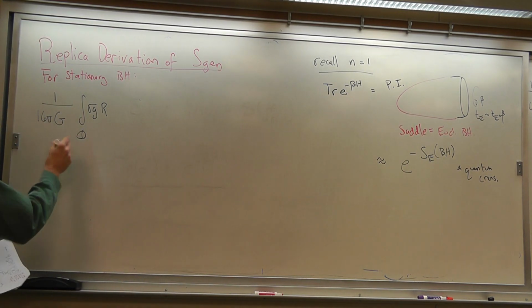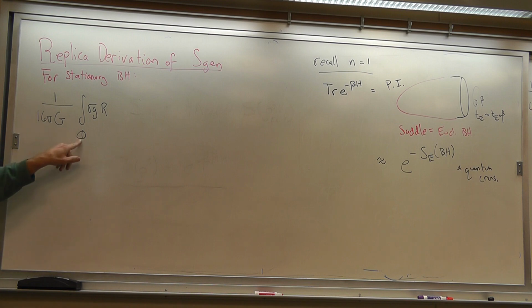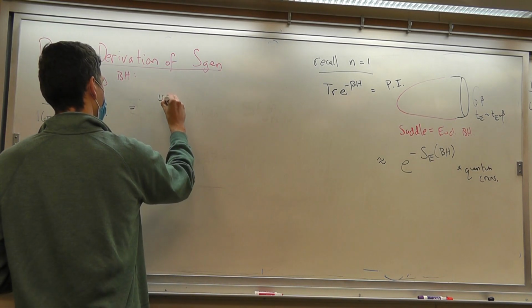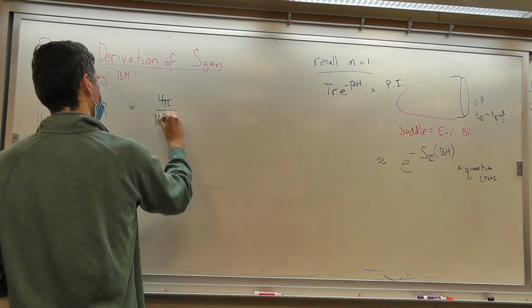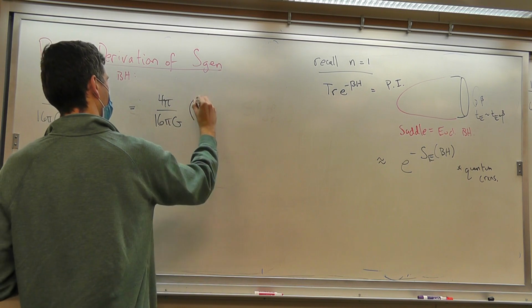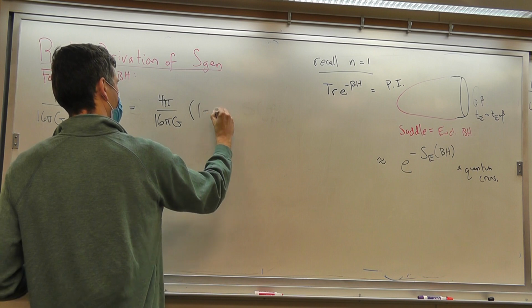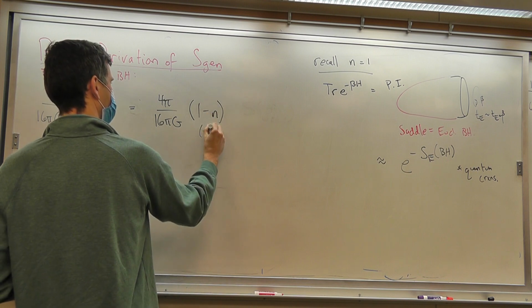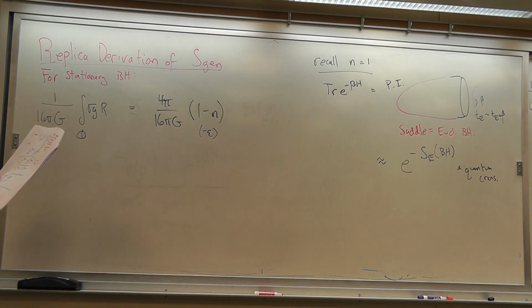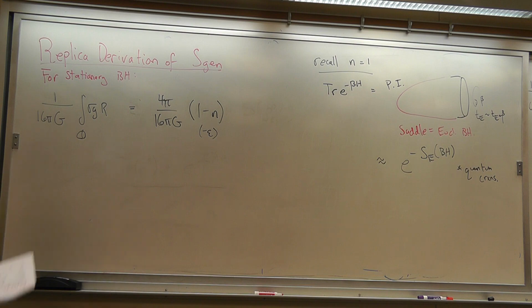Okay, so this is the action, the Einstein action of the smoothed tip. I claim that this is 4 pi over 16 pi G times 1 minus n, that is, wait, 1 minus n? Yeah.